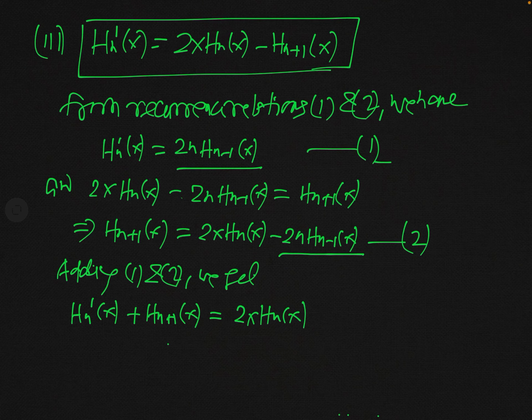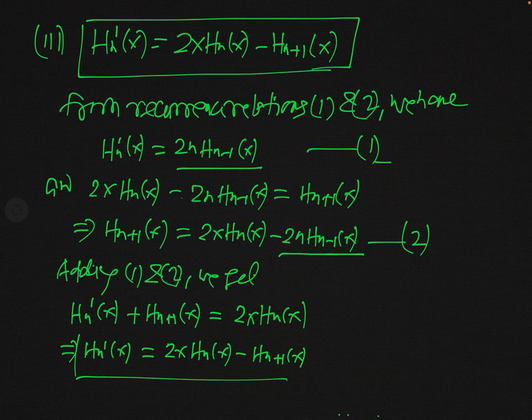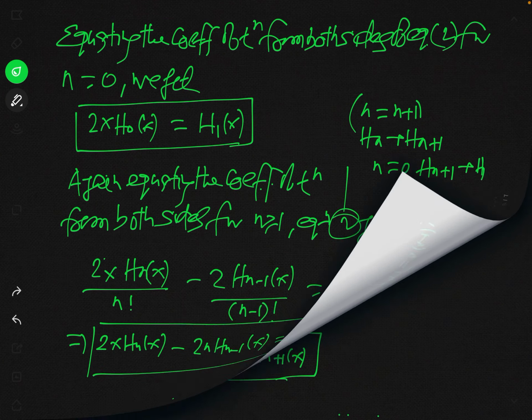So you can say that Hn prime of x is equal to 2x times Hn of x minus Hn plus 1 of x, and you can see this is the third recurrence relation. So you can easily prove this third recurrence relation by the use of the first and second recurrence relations. This relation is also important, but we can easily prove it by the use of the first and second relations.